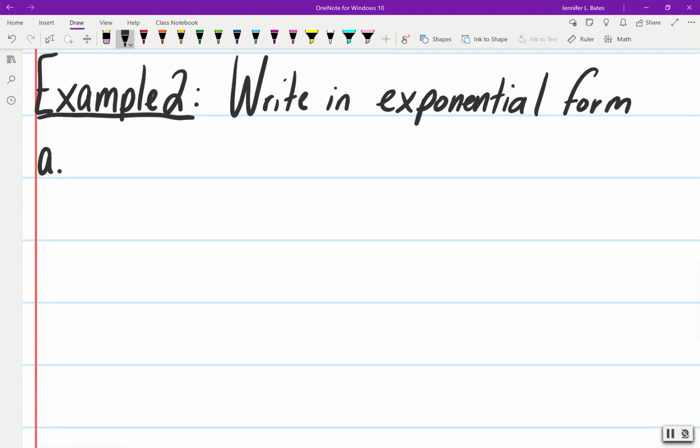And then here in problem A, we are given the natural log of x is approximately 0.7741. And we need to change forms into exponential form.